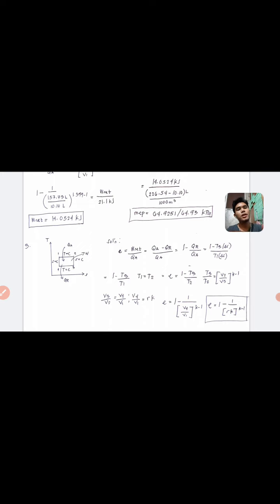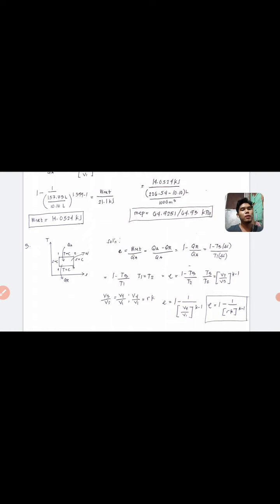In relation to our TS diagram, from state 1 to state 2, temperature is constant. So in our formula of 1 minus T3 over T1, we can know that T1 is also equal to T2.